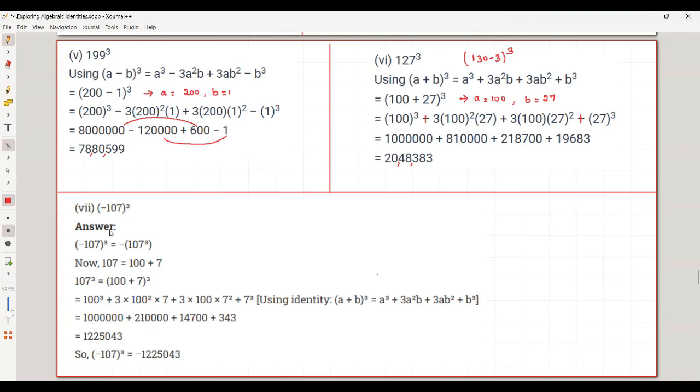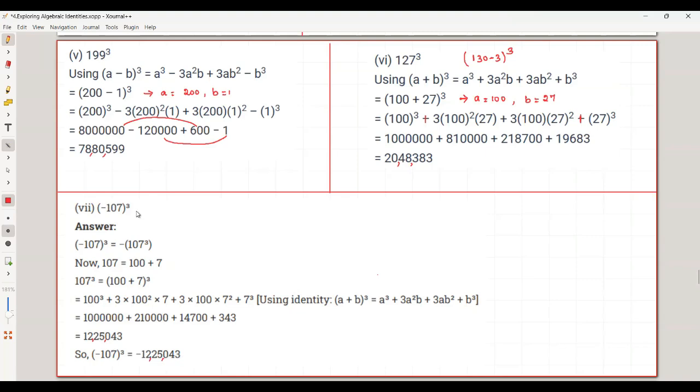So we are getting the answer as 1000 lakhs, 12 lakhs 25,043. In the answer, we just kept the minus outside, so you have to take the minus. So the final answer is 12 lakhs 25,043.